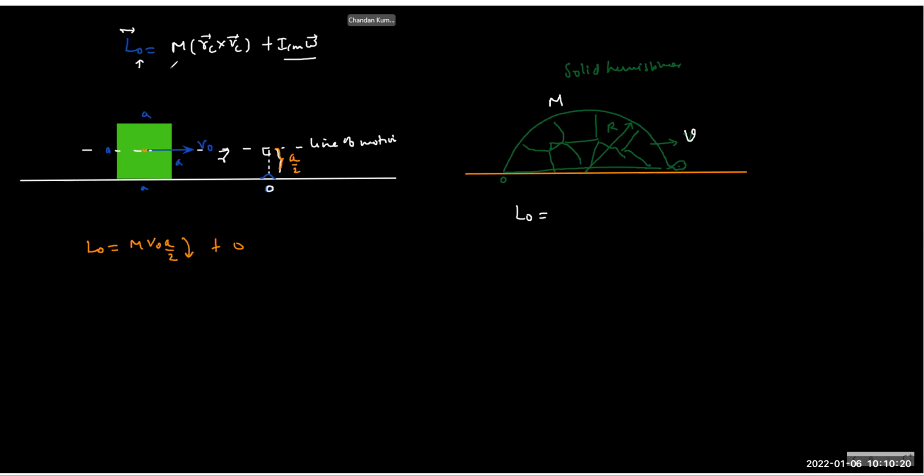But when you write the first term, you write the position vector of the center of mass and the velocity of the center of mass. So where is the center of mass? Somewhere here. And what is the velocity of the center of mass? Same as the body, because the velocity is the same.